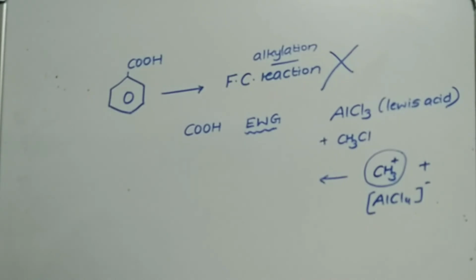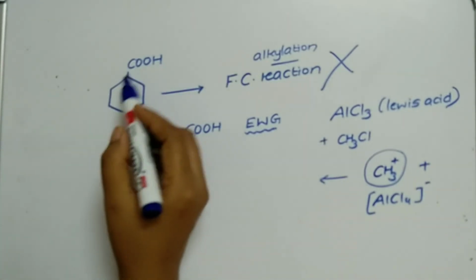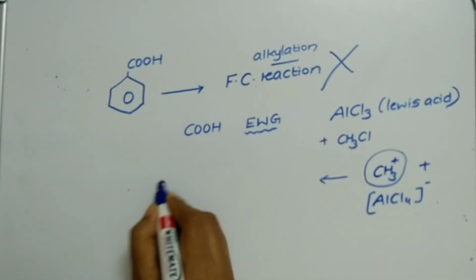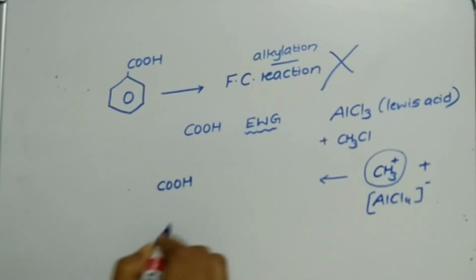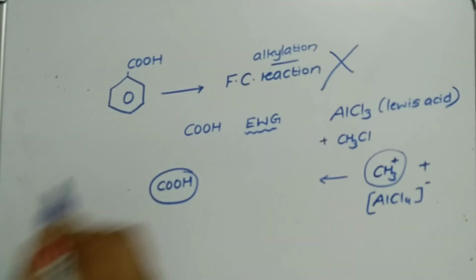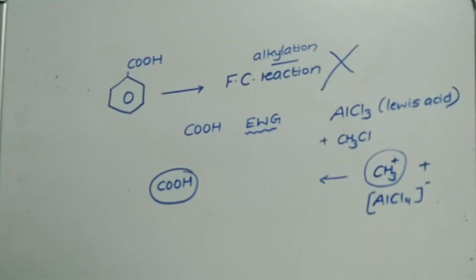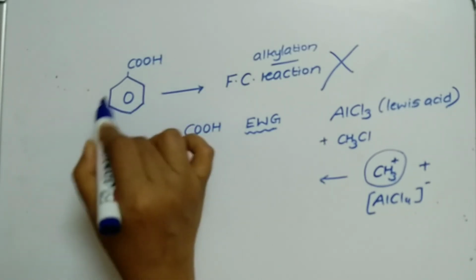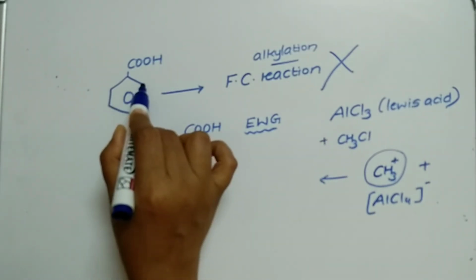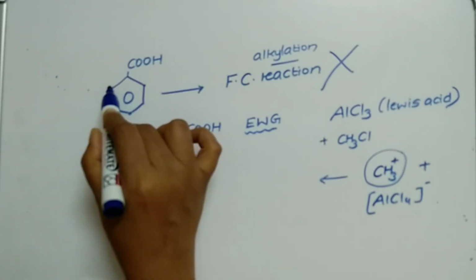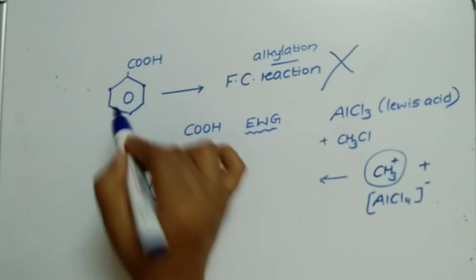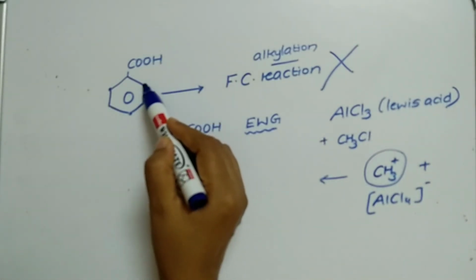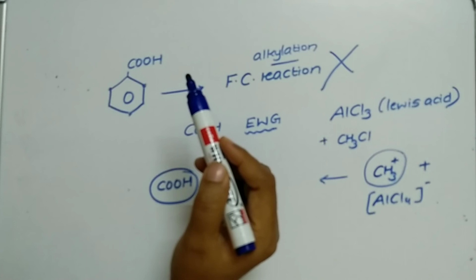Now positive in nature means, think, this is an electron withdrawing group. Understand, the COOH is an electron withdrawing group. It is taking the electrons during resonance. If it is taking the electrons, there is no negative sign for the carbon present in the benzene ring. Every time during resonance, the carbon of the ring will get the negative sign, correct.